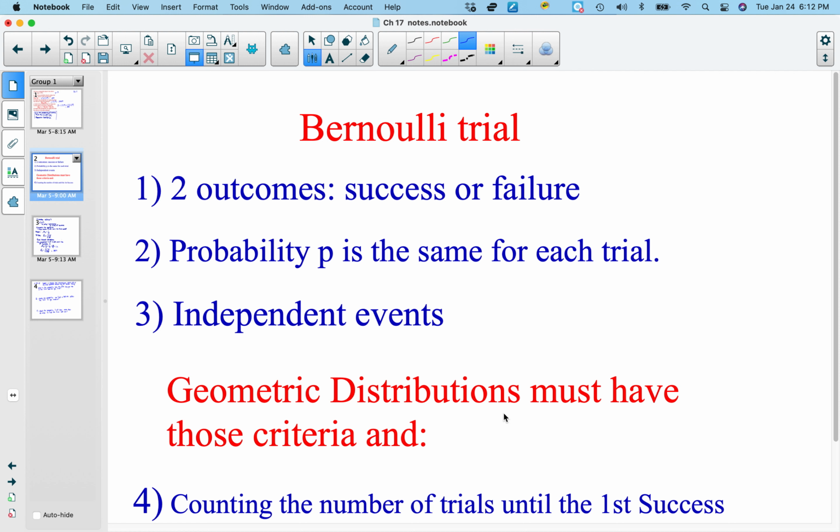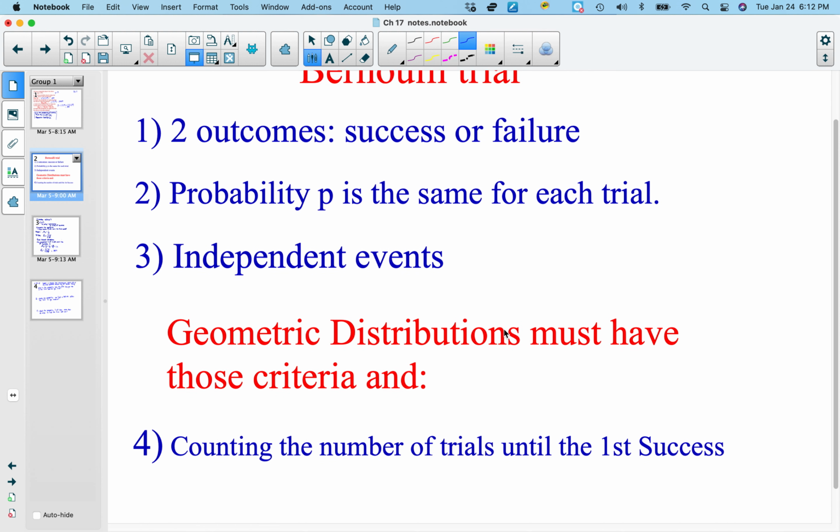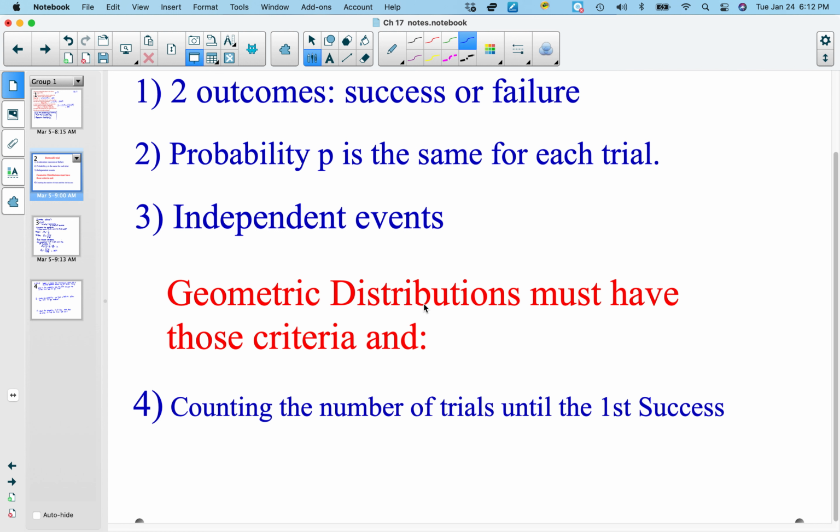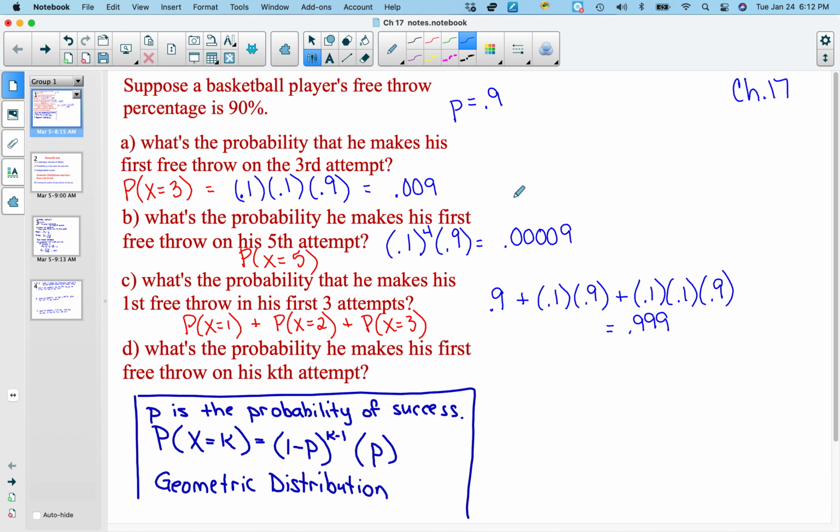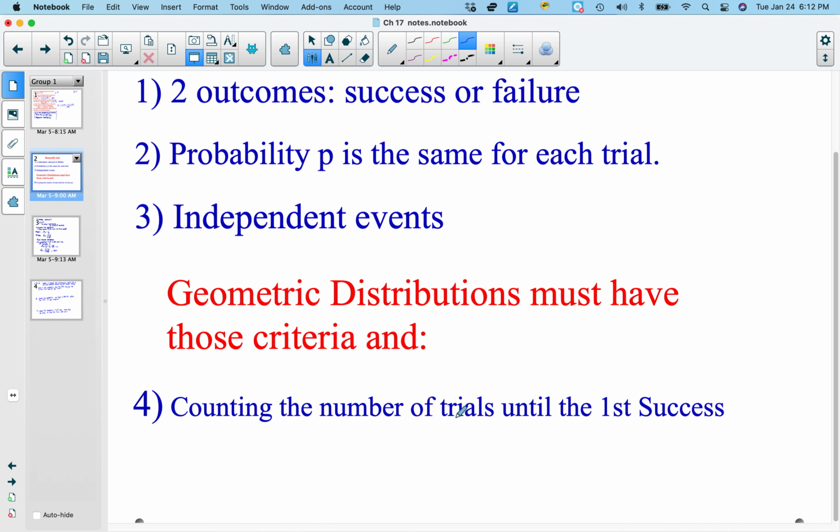Now, a geometric distribution has to have these three things, and in addition, there's a fourth thing: you have to be counting the number of trials until the first success. If you look back at the wording of this problem, I kept talking about the first free throw, because that's the first success. Those are the clues you're going to look for to tell you that it would be geometric.